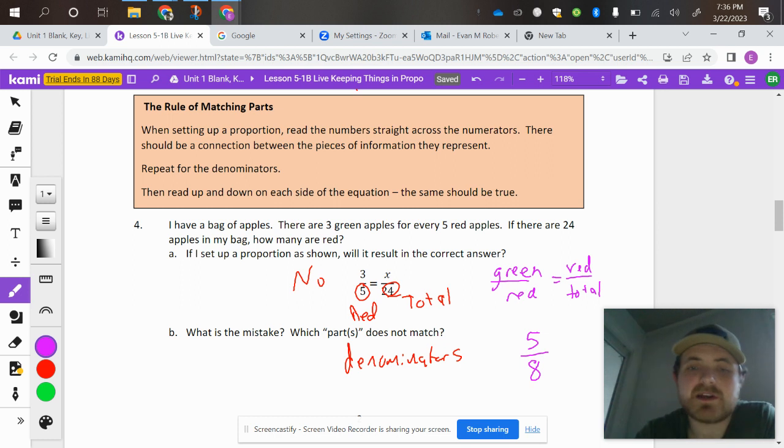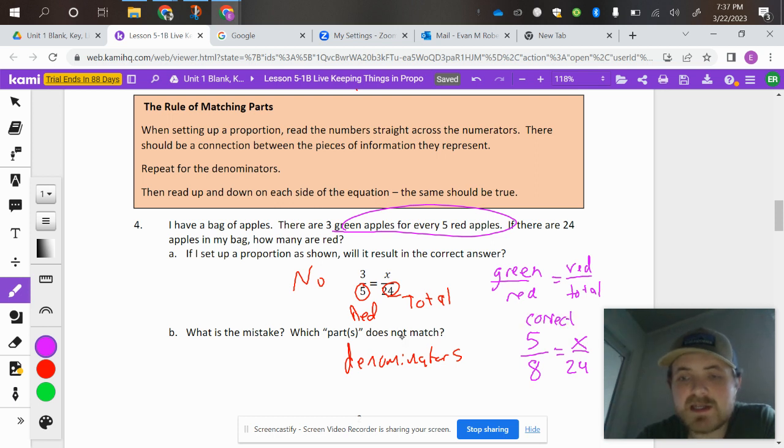In a separate scenario with this ratio there, if there was 5 red apples for every 8 total, and then there was a total of 24 and an unknown amount of red, that's red over total and red over total. So that would be okay. That's like a corrected proportion right there. Again, the issue there is that the denominators don't match.